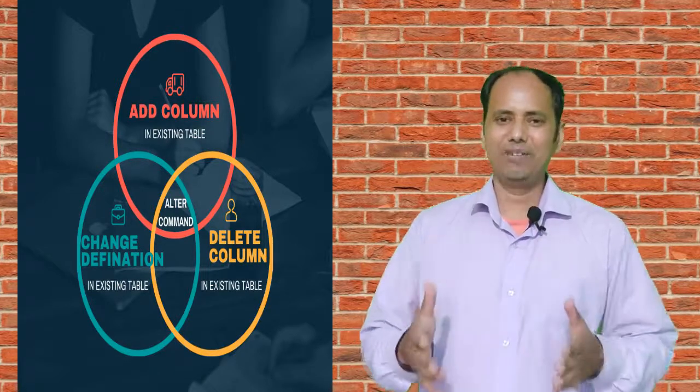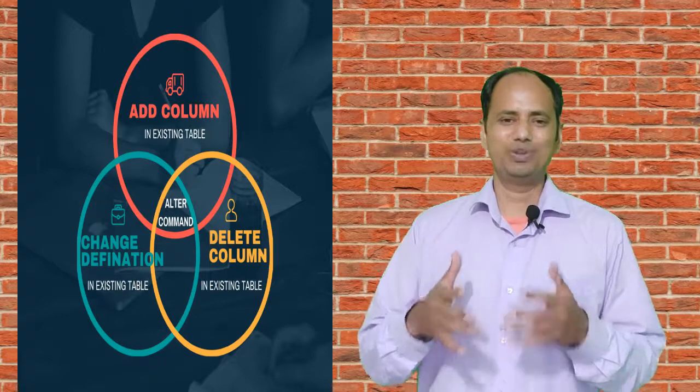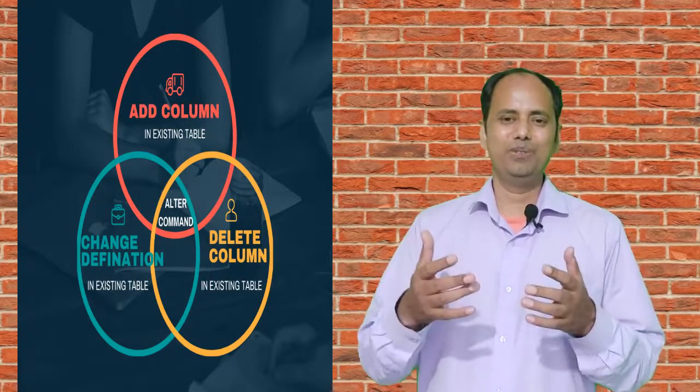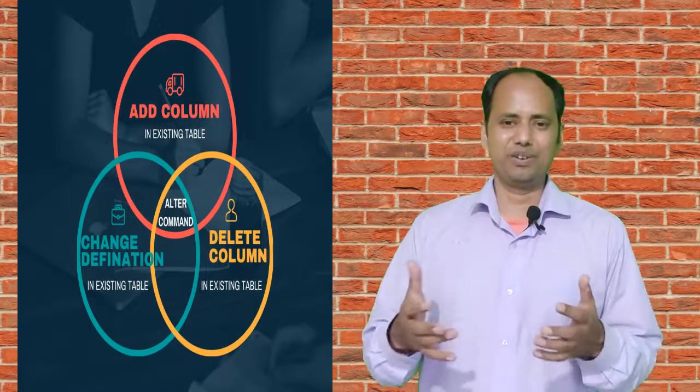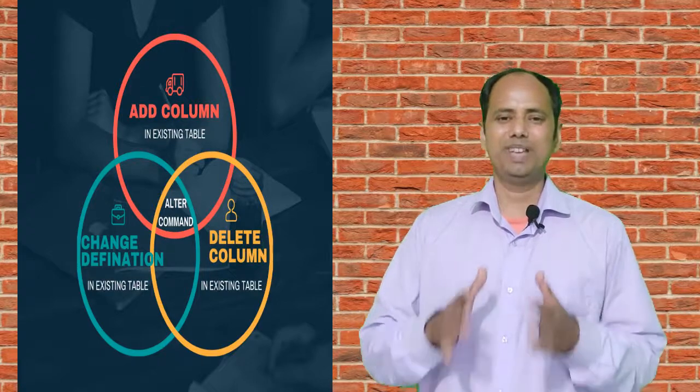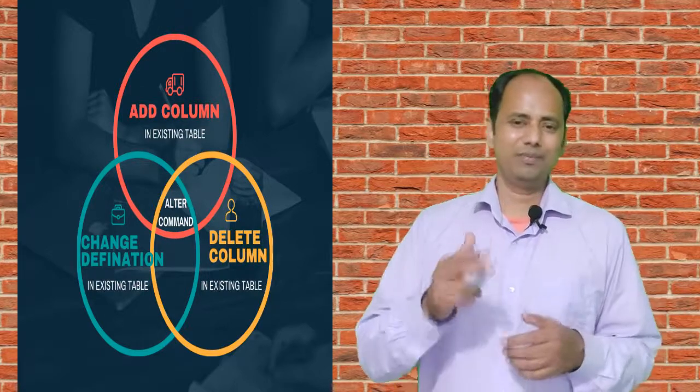Second, we want to delete a column from an existing table. And third, when we want to change the definition of the table. So basically for these three purposes we use the alter command. Let me discuss these three uses one by one.